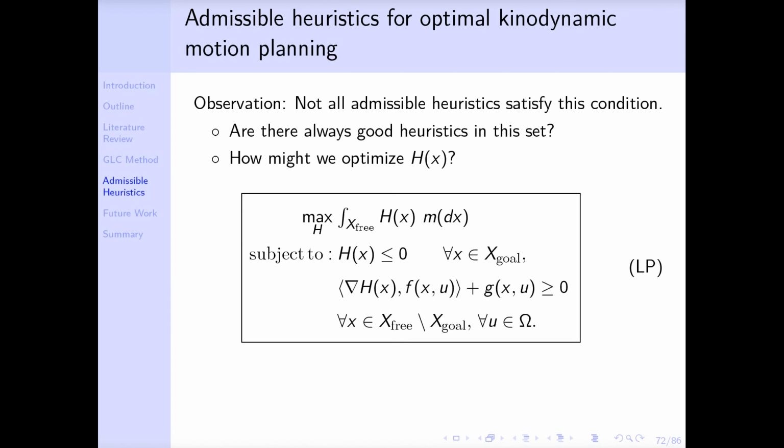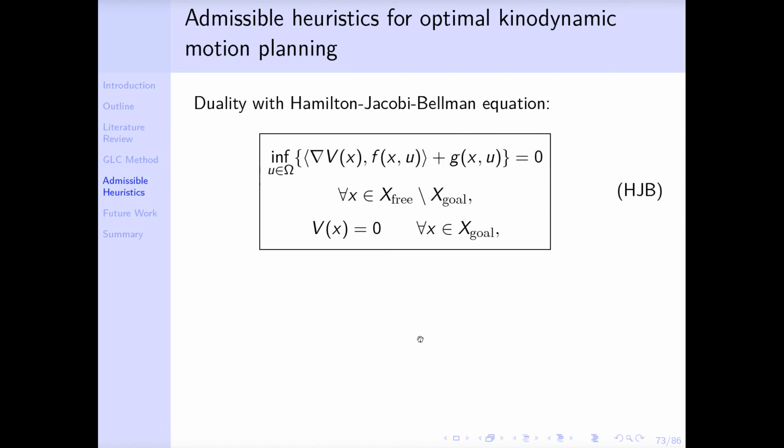And now for the first point, which is, are there any good heuristics in this set? So if we solve this linear program, will we have anything that's a heuristic of any use? To answer that question, let me just remind everyone of the Hamilton-Jacobi-Bellman equation, which is a cornerstone of optimal control theory, because if we solve this nonlinear PDE and get a solution V, that solution V will be the optimal cost to go.